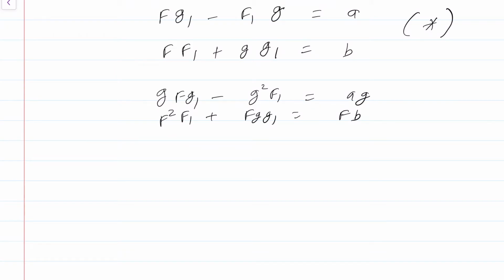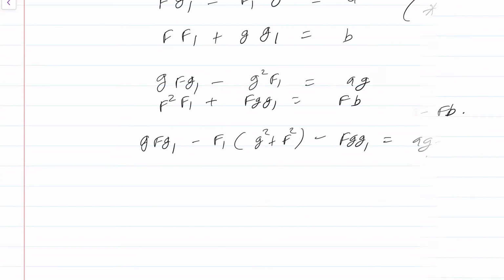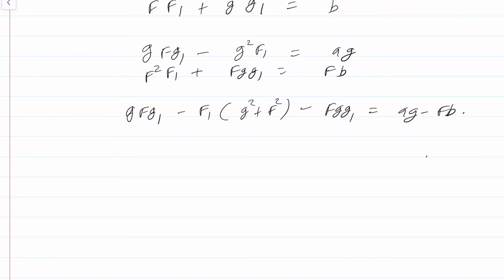What we will get is g f g1 minus f1 into g squared plus f squared, minus f g g1, is equal to ag minus fb. Whew. Okay, now let's see what happens. So we can now use the fact that g squared plus f squared is equal to 1, and the first and the third terms cancel. Okay, so we end up with f1 is equal to fb minus ag.